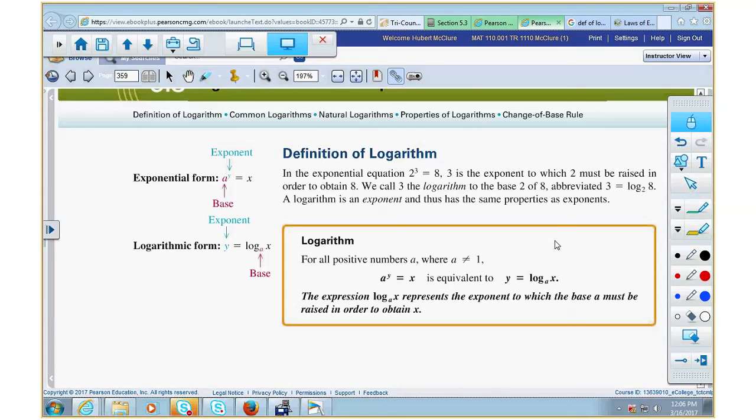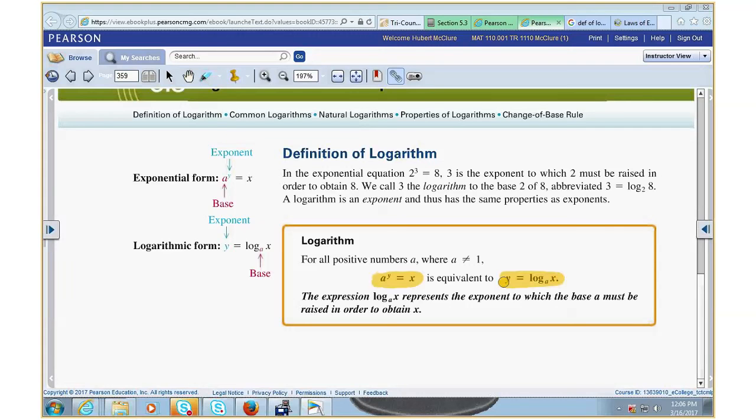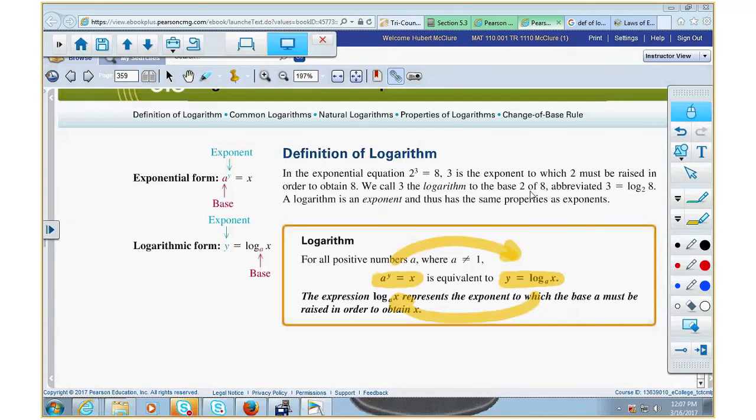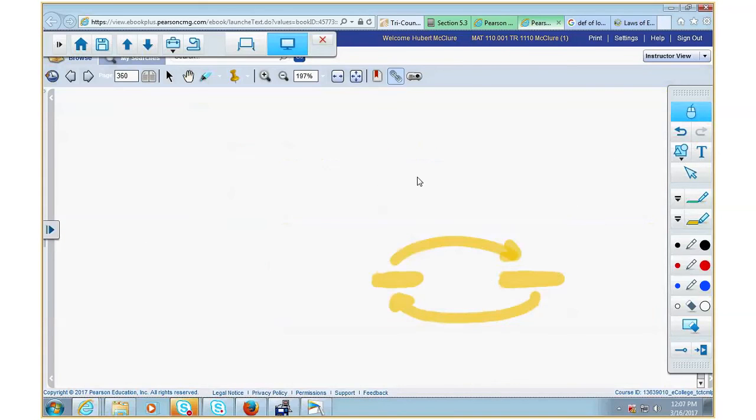And this is what you have to remember. You can go this way, or you can go this way. It all depends on what you're given. And when I'm given a problem, we'll do an example here in a minute, that's why I copied it. I copied it so I'd have it when I go to a problem. So let me just go to an example.